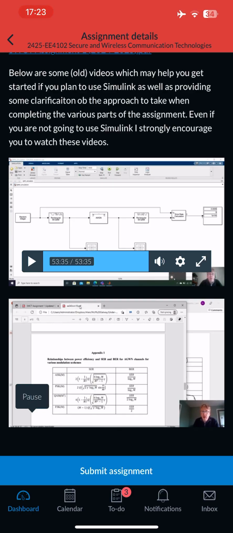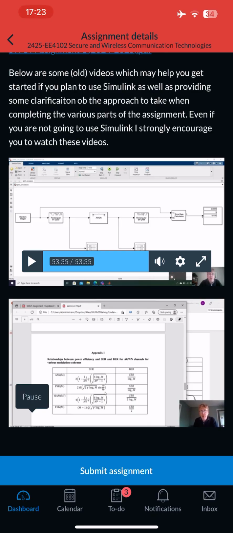The equation in the slides, and what I would always have used, is what's in front of you here, from the 2019 exam paper. The equation is split into two steps. The first step, based on the theory, takes you from the power efficiency to the symbol error rate, and step two goes from the symbol error rate to the bit error rate.